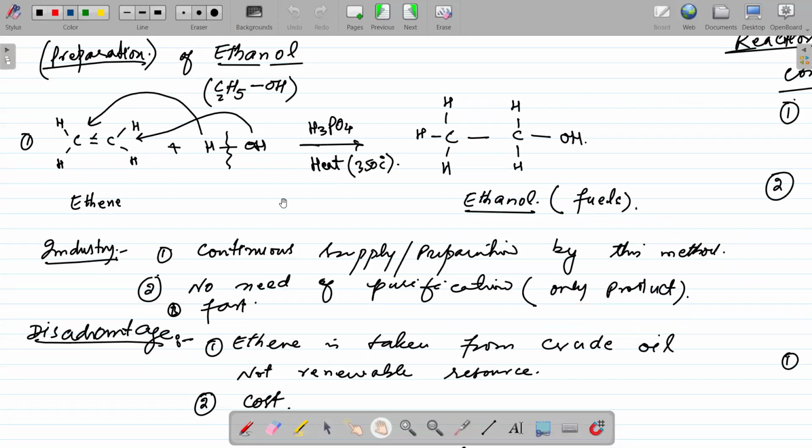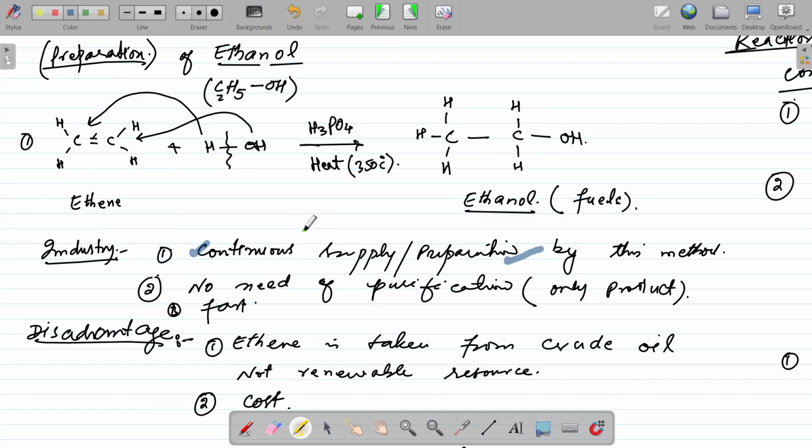What is the advantage of this reaction when we use it for the production of an alcohol in industry? It is actually a continuous method. We are introducing the reactants, they are reacting and giving us an alcohol in a continuous way. Can this be used for all alcohols like methanol, butanol instead of ethanol? Yes, we can prepare those alcohols as well.